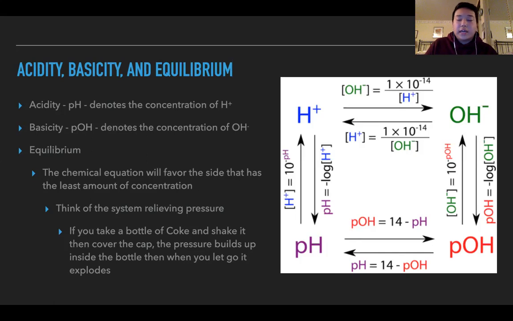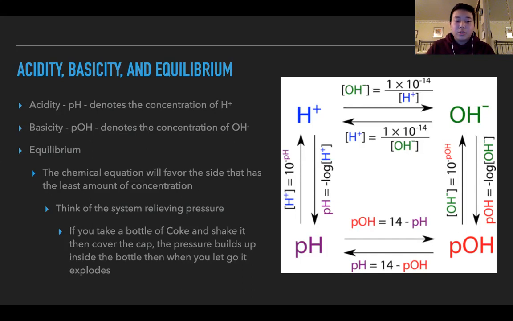So acidity is how acidic something is, and that's denoted by pH. It also tells you the concentration of H+ indirectly. Basicity, that's the opposite. So pOH denotes the concentration of OH-. And Dr. Maduro should have shown you guys an equilibrium equation that he showed in office hours today. And he went over how water can be H+ or OH-.